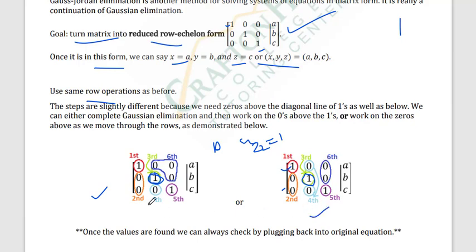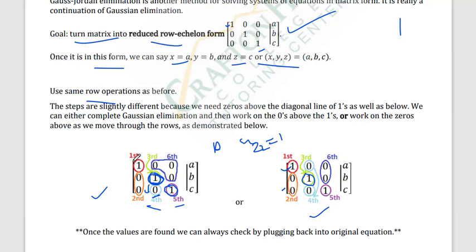Now in this method, the next step will be to make 0 below the 1 in the second column. And then the fifth step will be to make the third row element 1.